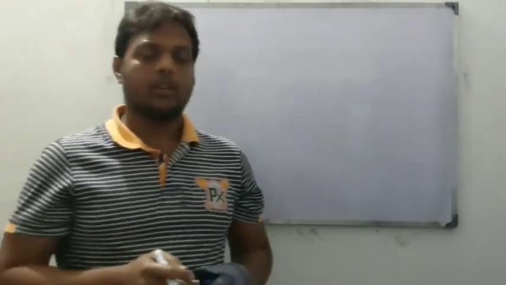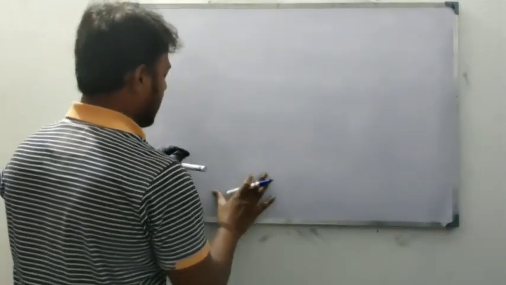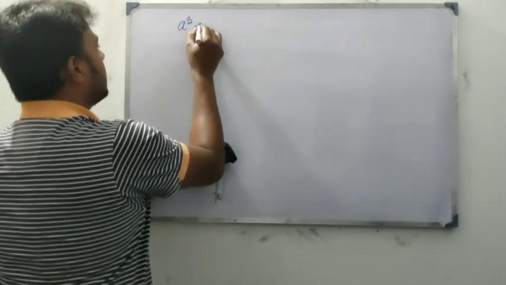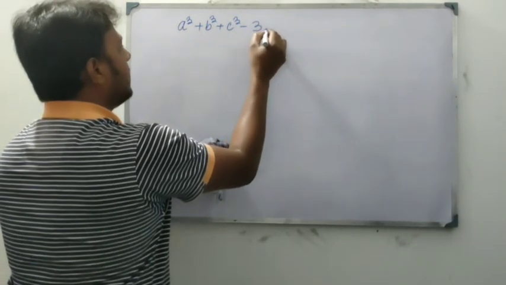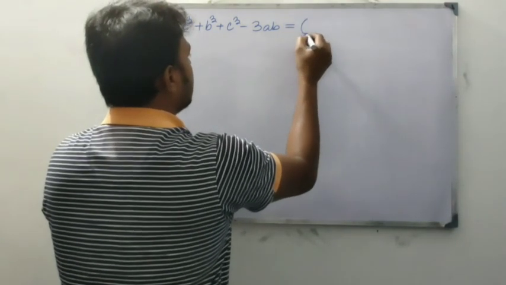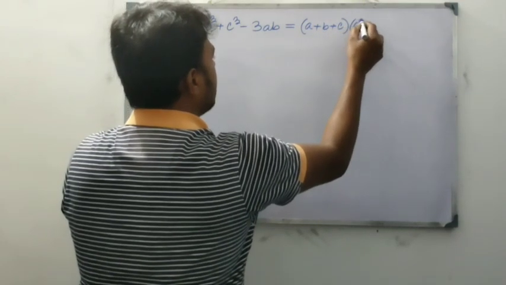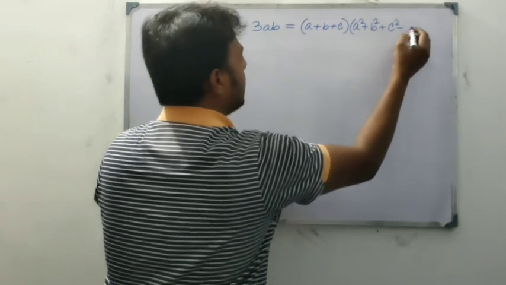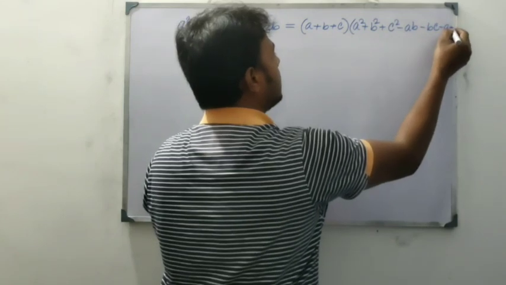Actually, we are going to prove that a cube plus b cube plus c cube minus 3abc equals a plus b plus c into a square plus b square plus c square minus ab minus bc minus ac.